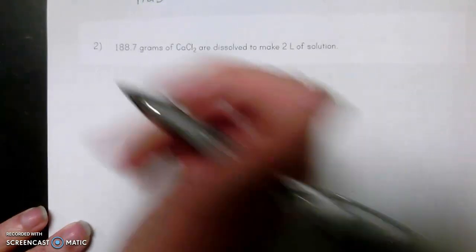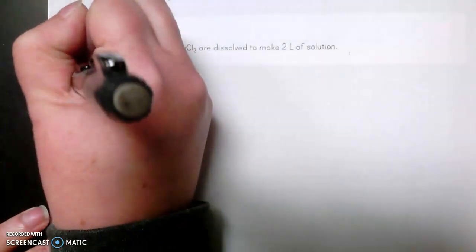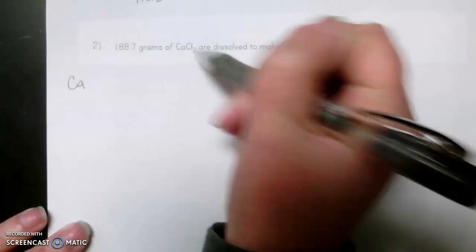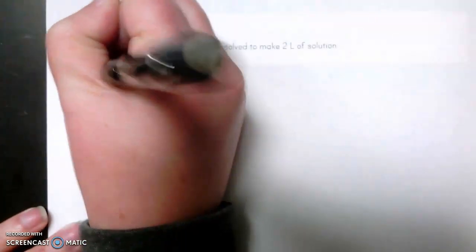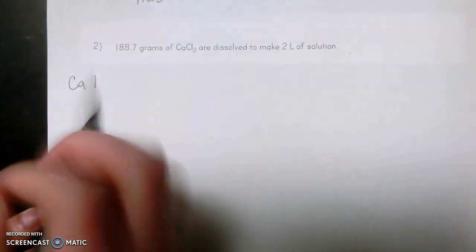So again, to find the molar mass, we have to tell how many we have. 1 atom of calcium, and we have 2 of chlorine. Okay, and that's Cl, not Ci.